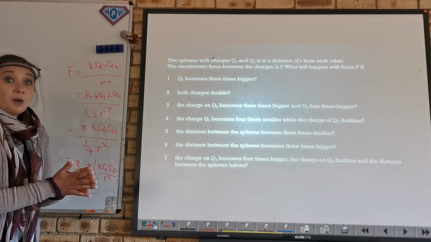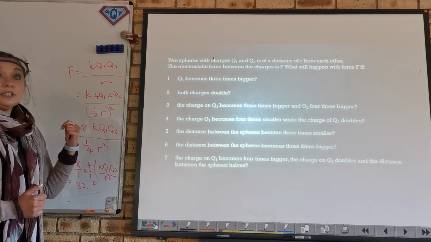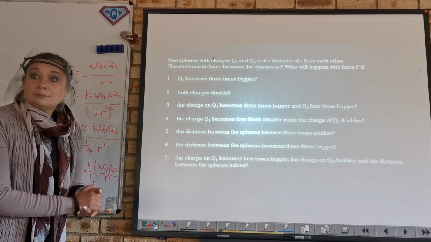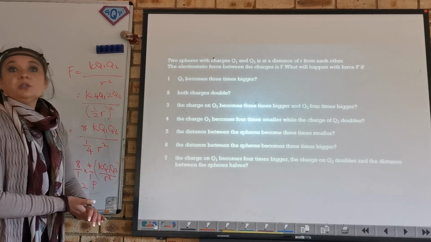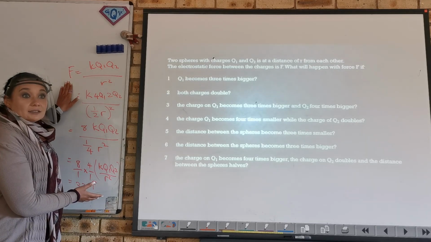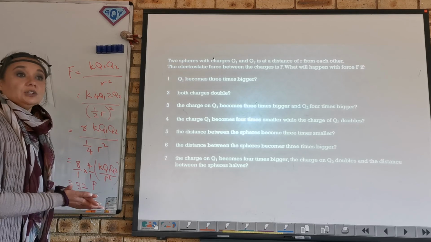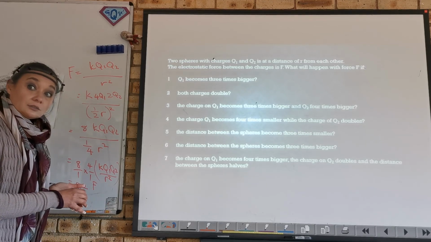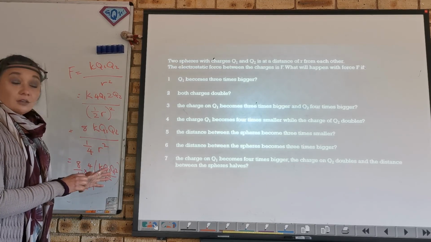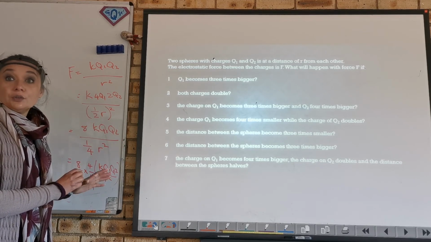Okay, so for the second part of this, we're focusing on how to actually use this particular equation. The rules are really simple. They're the same rules as we've been using for ages now. When you get a calculation like this, one of the most important tools that we're going to use is a given list. So you're going to write down whatever's been given to you, and we're going to make sure that the units are good as well.